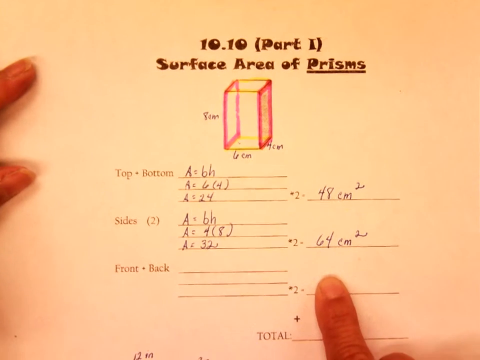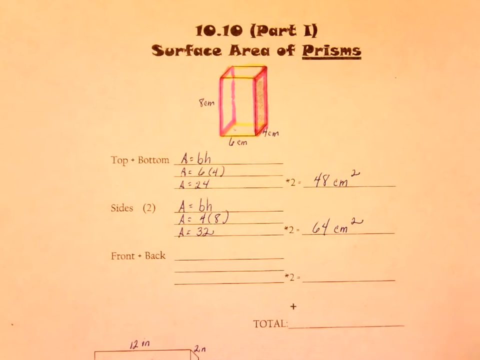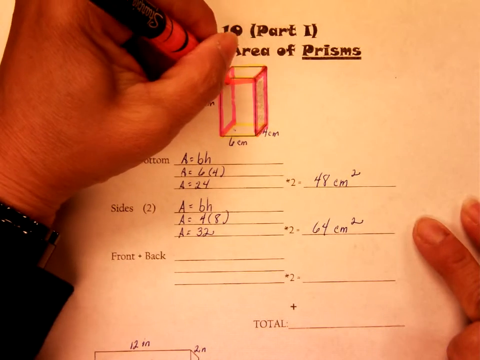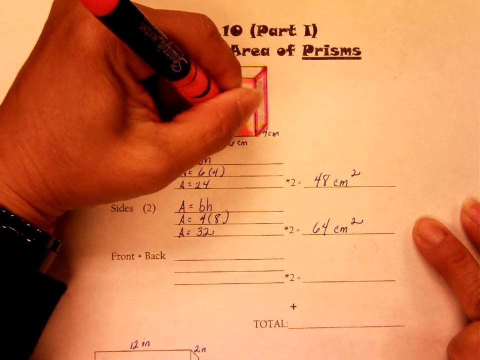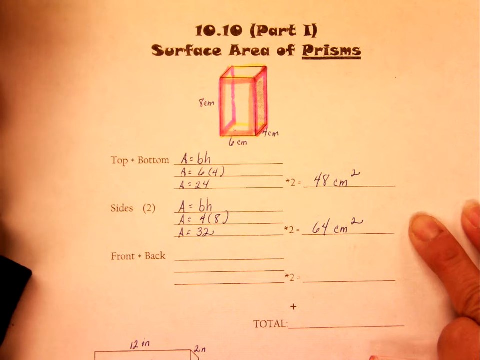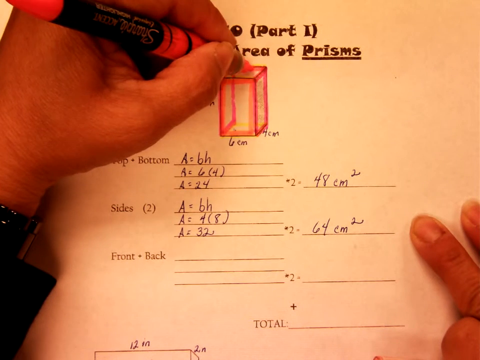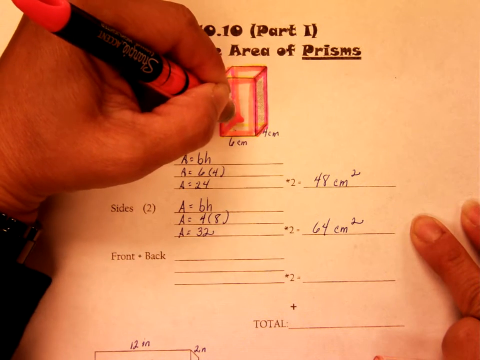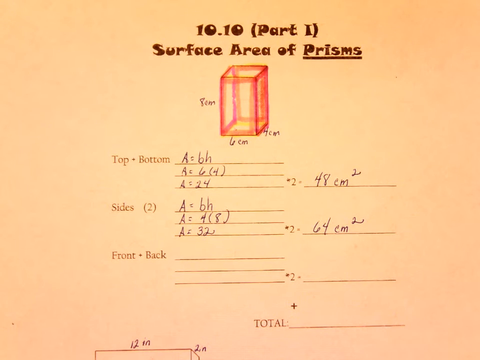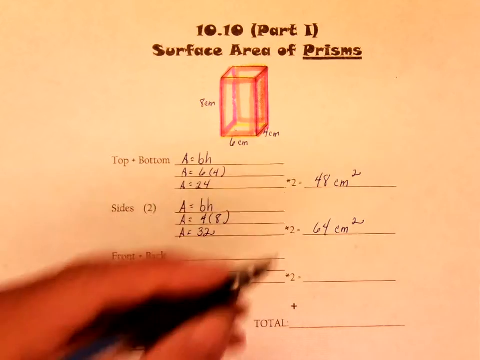Now let's look at front and back. This is the front here. That's the front, and then the back is back here. This would be the back. Okay, same formula.